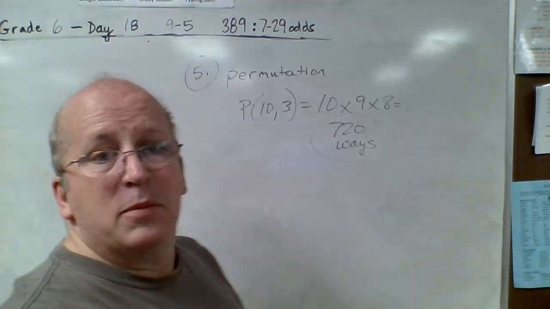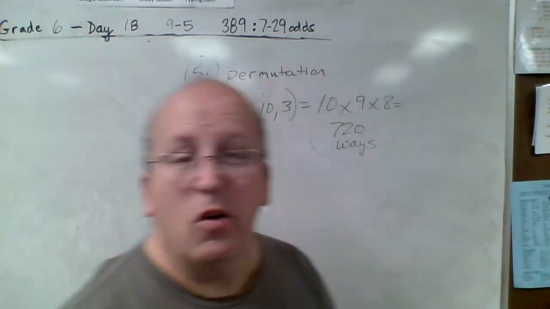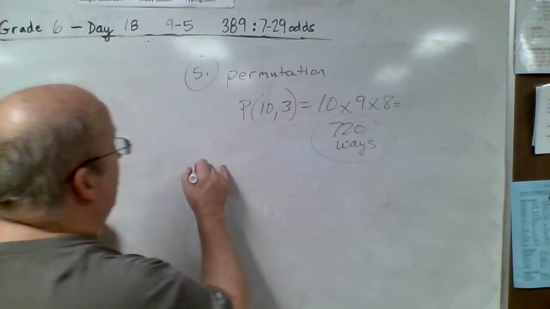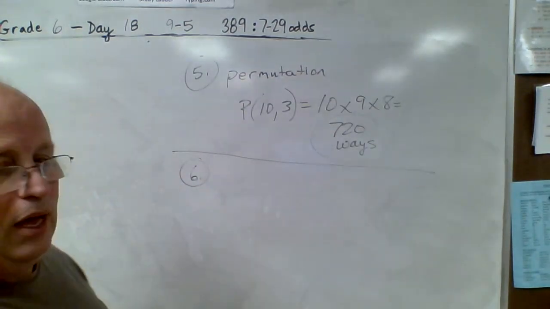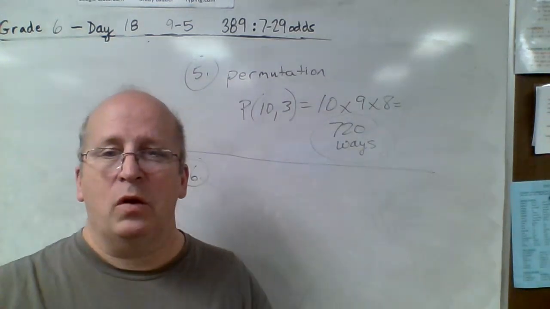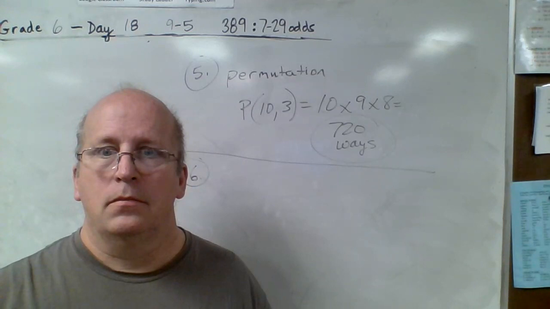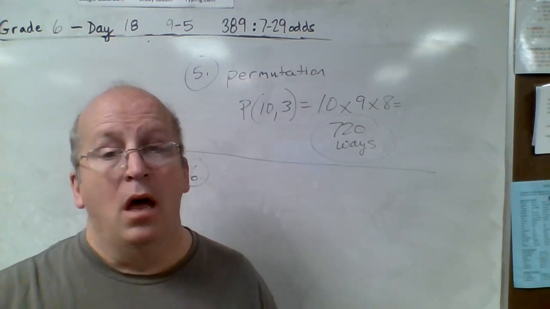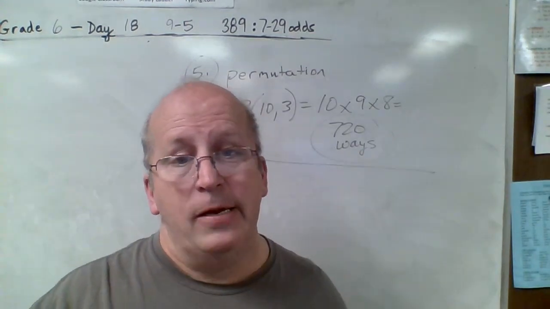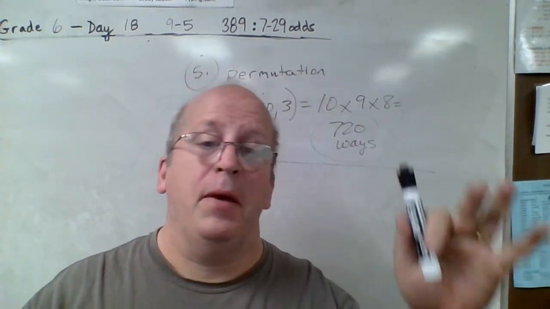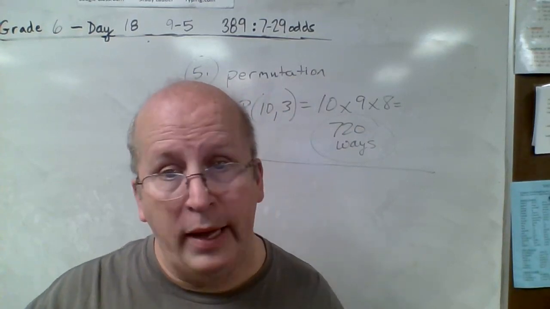Look at problem 6. How many ways can you pick 2 puppies from a litter of 7 puppies? What do you think? Permutation, order matters, or combination, order does not matter? Hopefully you recognize order does not matter here. It doesn't matter if you're the first puppy picked or the second. As long as you're picked, you're going to be one happy puppy.